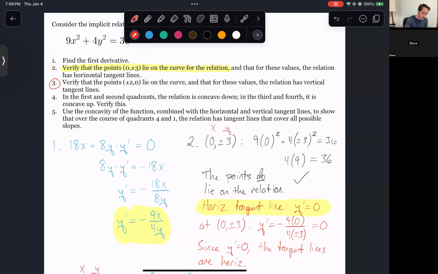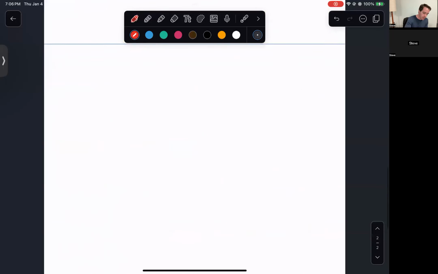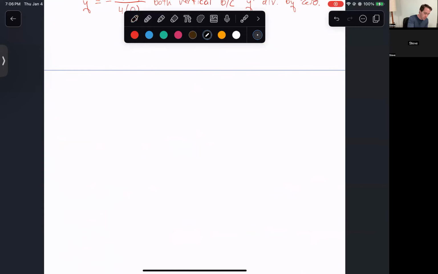Very brief review of this. First of all, concave down looks like this. So what concave down means is that the second derivative is negative. So y double prime is negative.